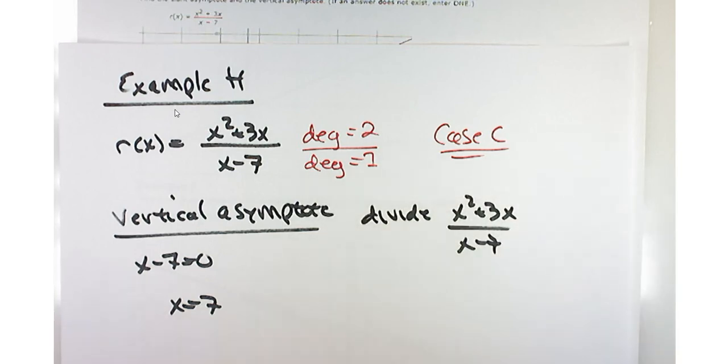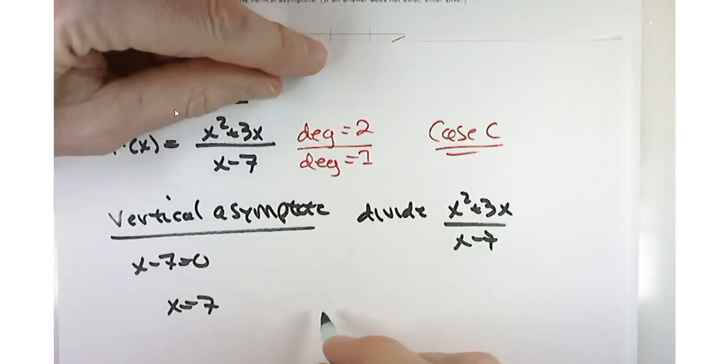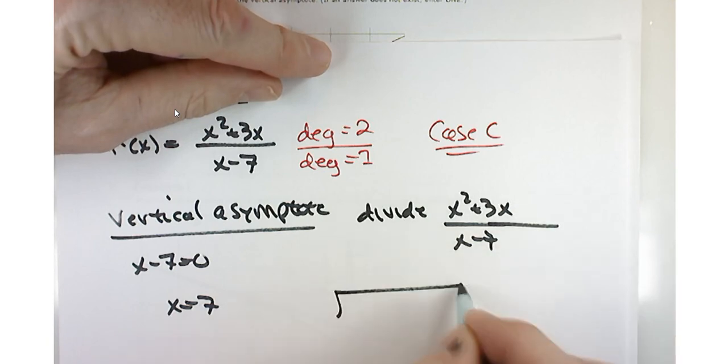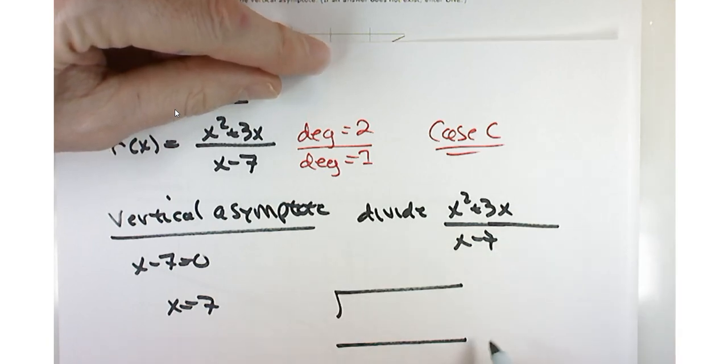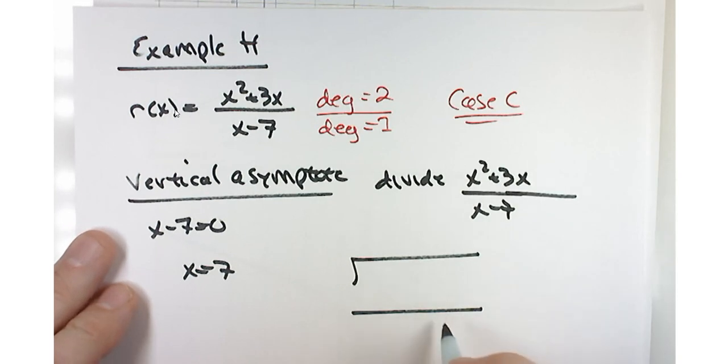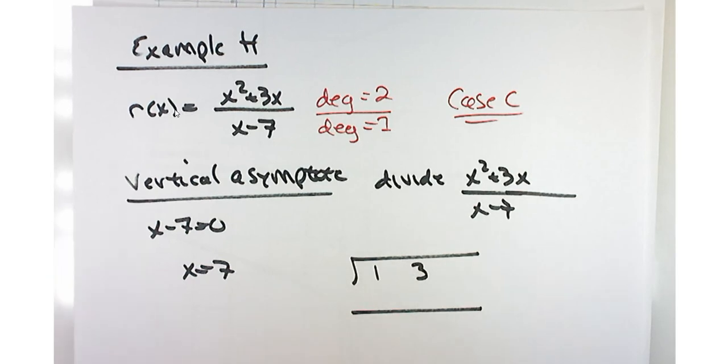Here's a good chance to practice our synthetic division. If I'm going to do this synthetically, what can I write here? Well, let's start out with a 1 and a 3.